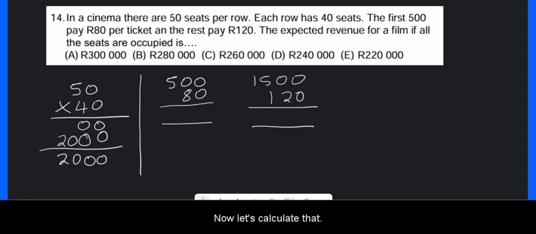Now let's calculate that. 0, 0, zeros, so I don't care about that one much. Now let's start with 0 here. 8 times 0 is 0, 8 times 0 is 0, 8 times 5 is 40. Okay, that's 40,000 rand.